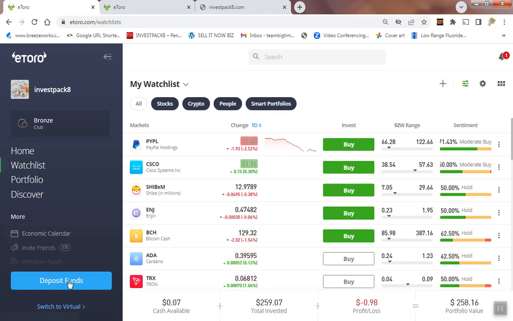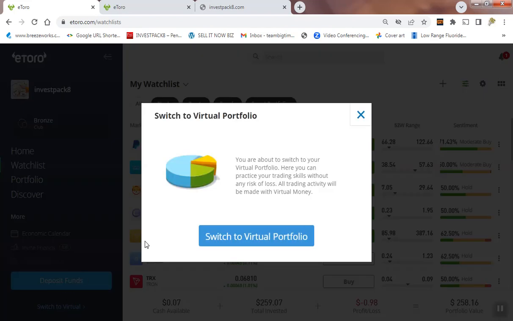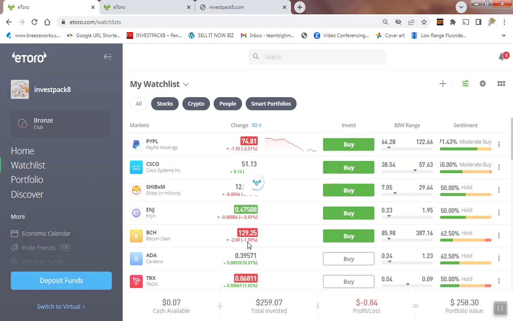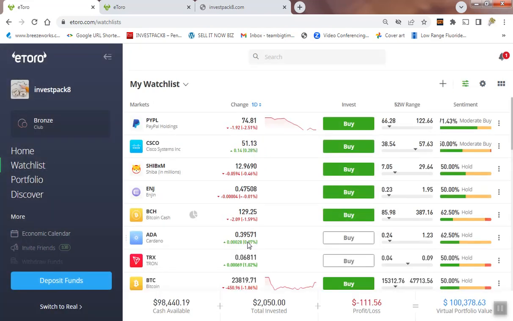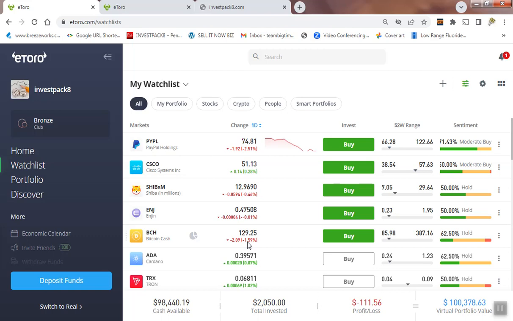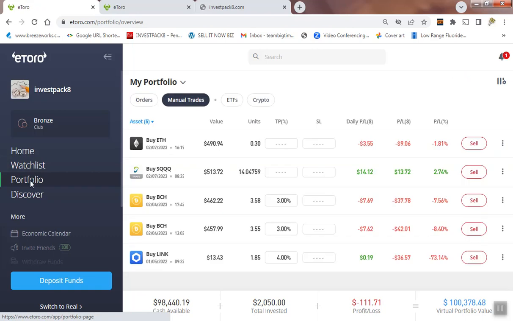Now, let's go to virtual trade, switch to virtual portfolio. Let's see what's going on in there. Okay, and let's see if we have anything in our portfolio. This is a portfolio, and we set this up as garden stock.